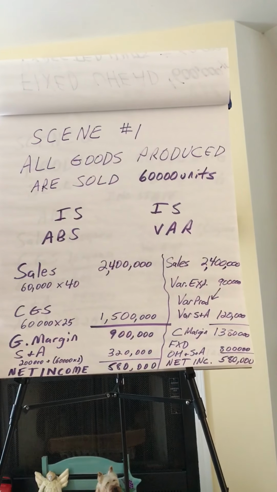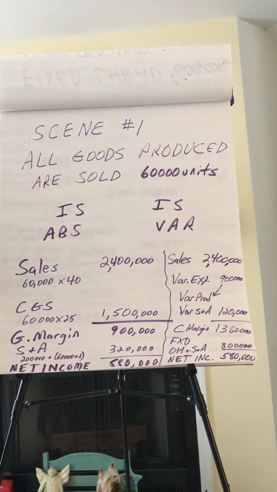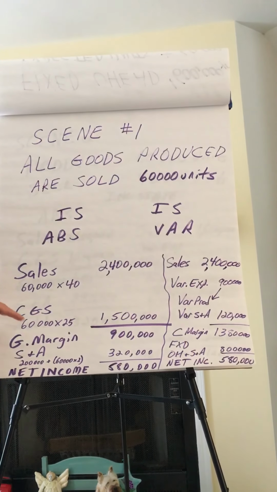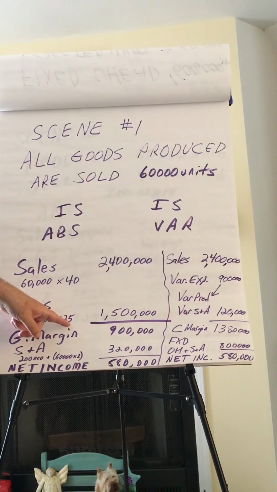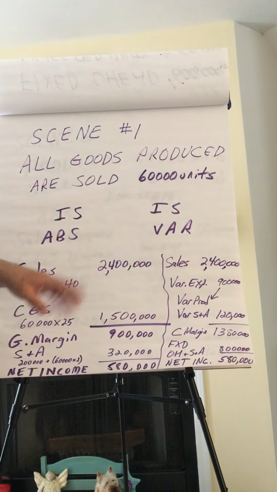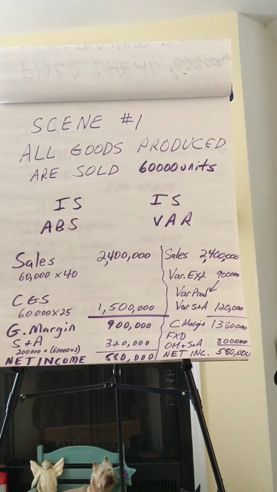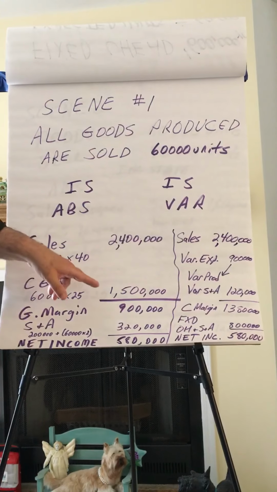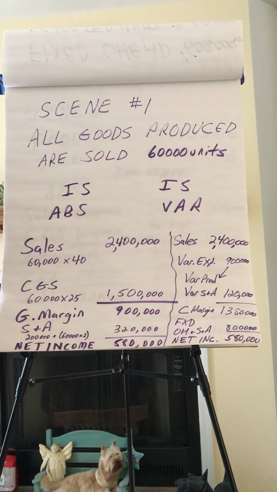Cost of goods sold, if you go back a couple pieces of paper, we had $25 for absorption, and we had $15 for variable. So we're sticking with our 25, 60,000 units times 25 is $1,500,000.